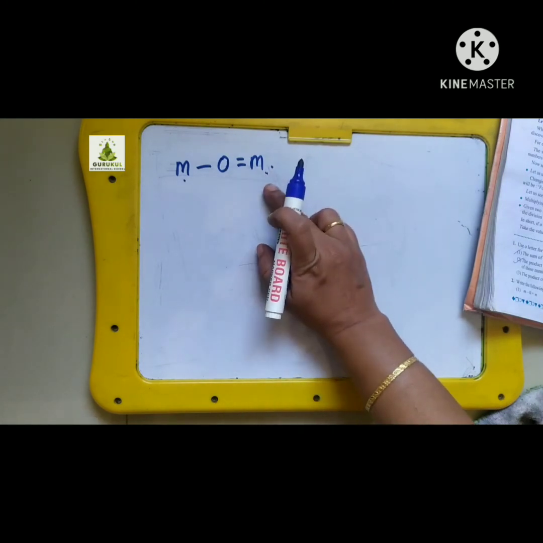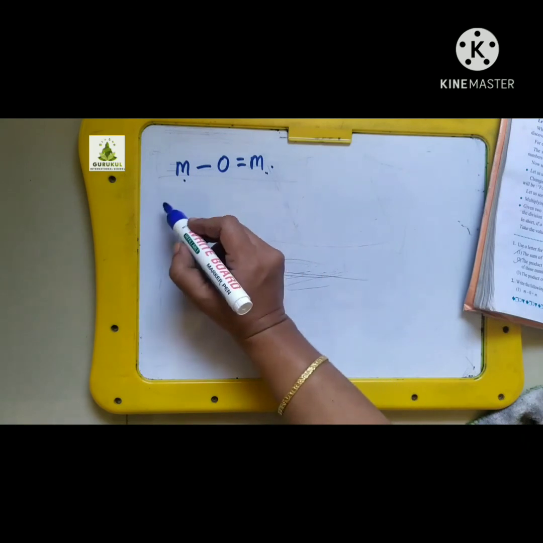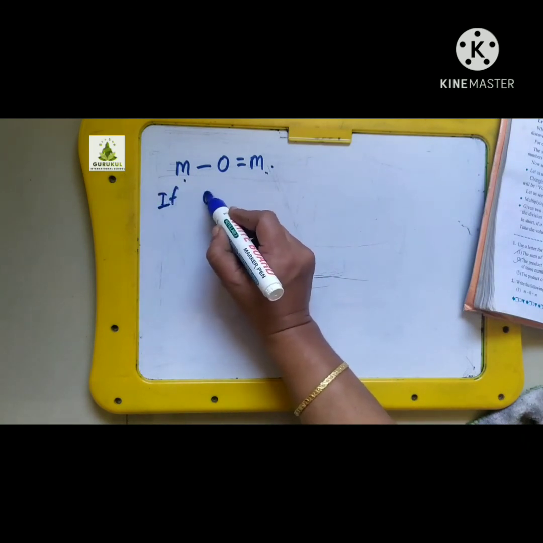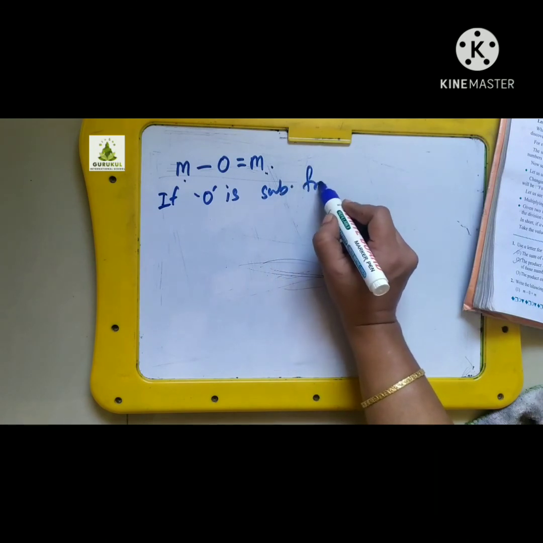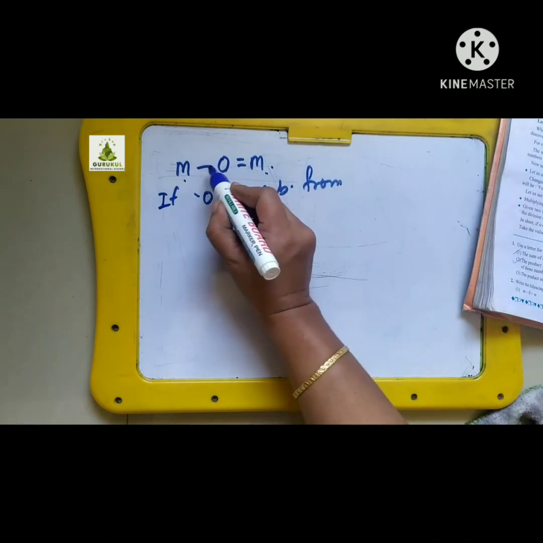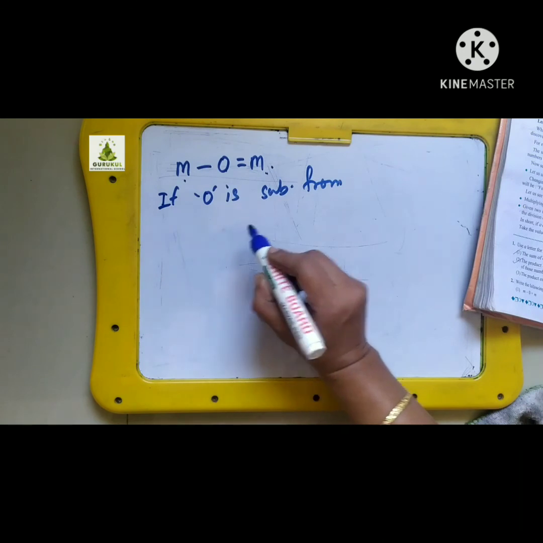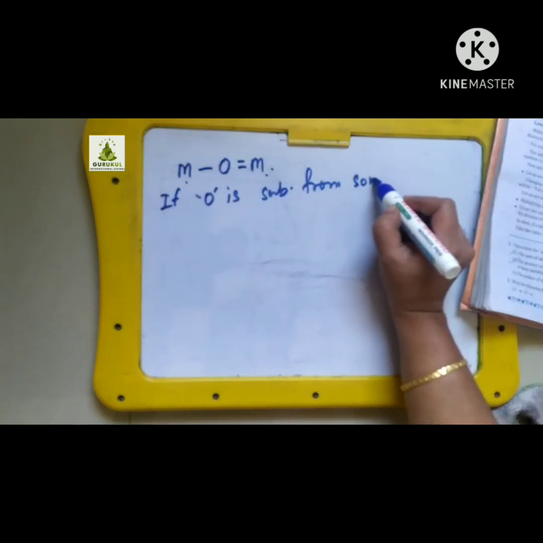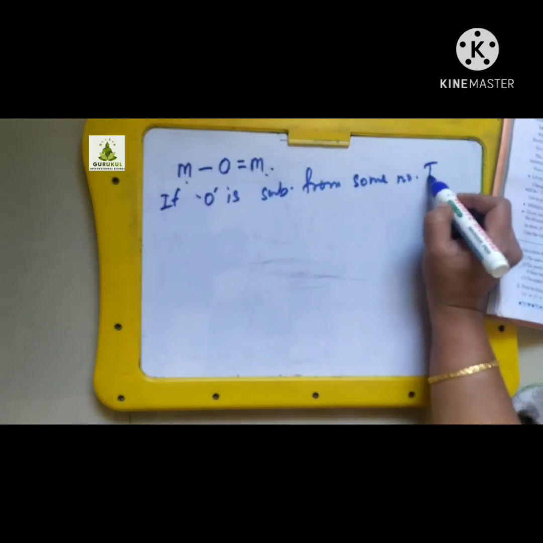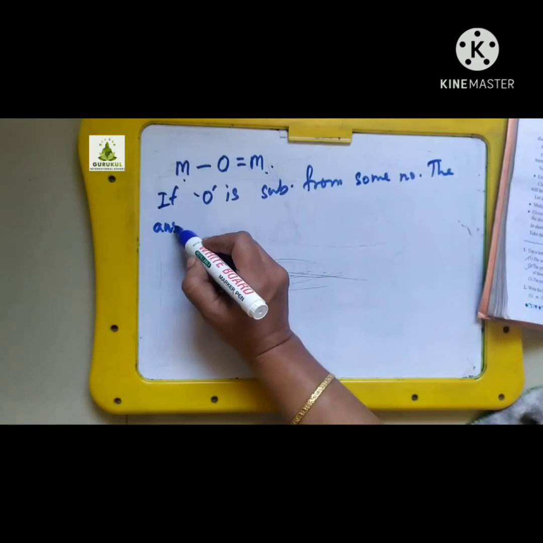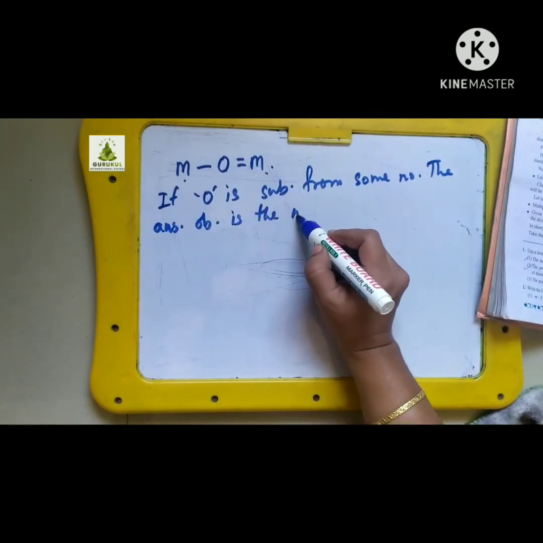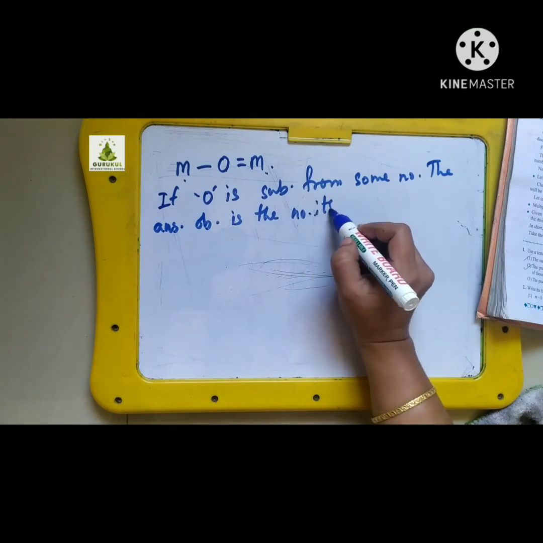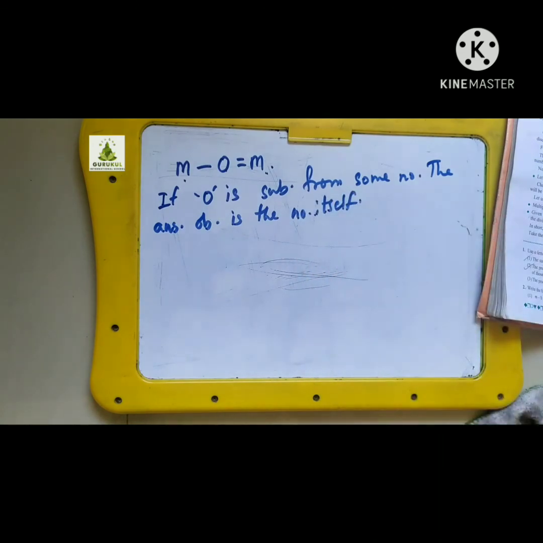That means we can say that if 0 is subtracted from some number, the answer obtained is the number itself. Why the number itself? Because it is only m that we have got in the answer.